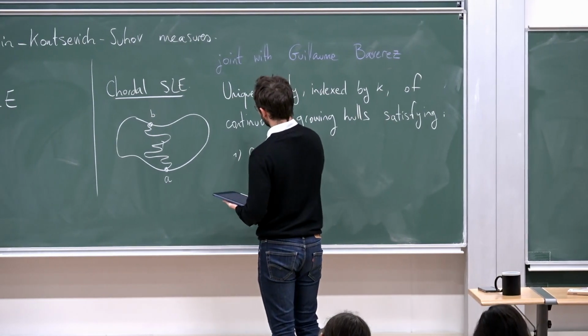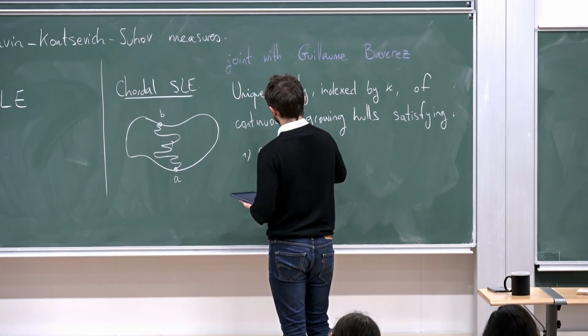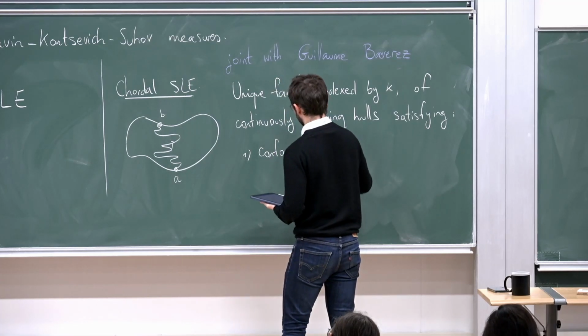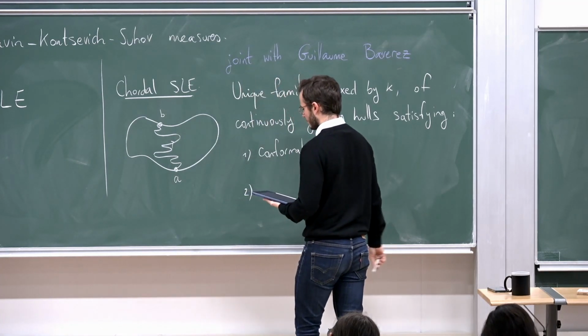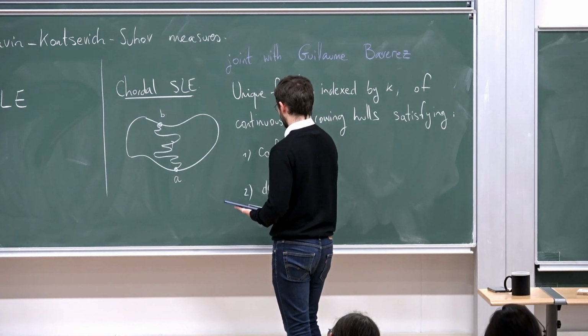One, we want some conformal invariance, and two, we want some domain Markov property.